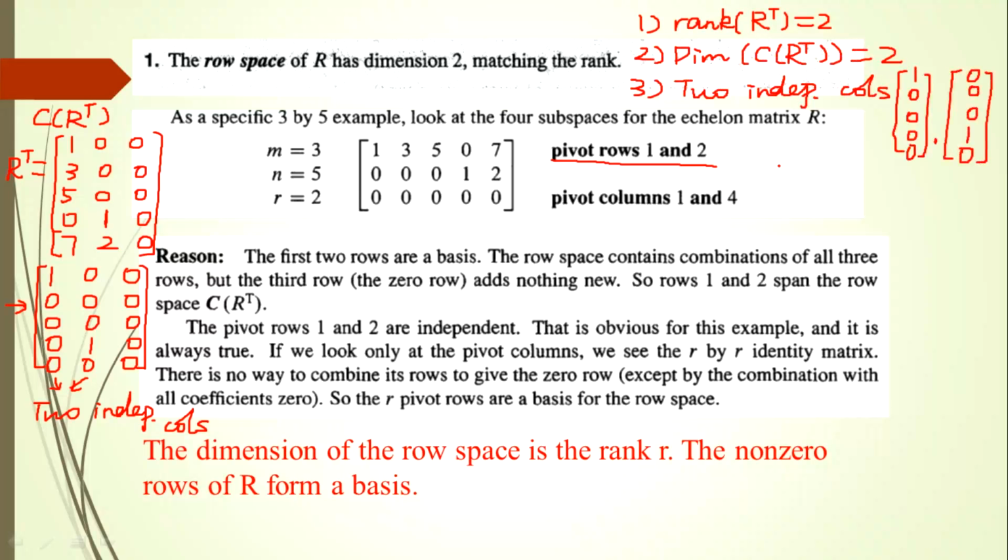They are bases for the column space of R transpose. They are also the basis for the row space of R, right?